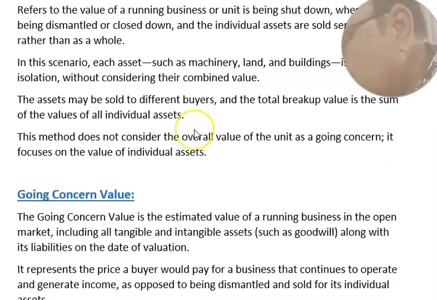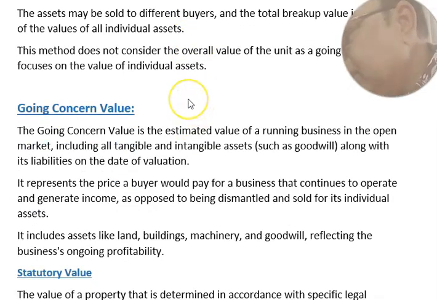Now, going concern value. The going concern value is the estimated value of a running business in the open market, including all tangible and intangible assets such as goodwill, along with its liabilities on the date of valuation. It represents the price a buyer would pay for a business that continues to operate and generate income, as opposed to being dismantled and sold as individual assets.